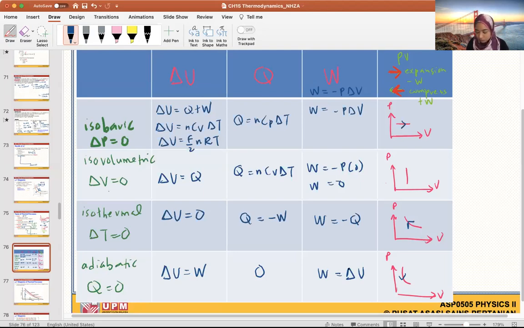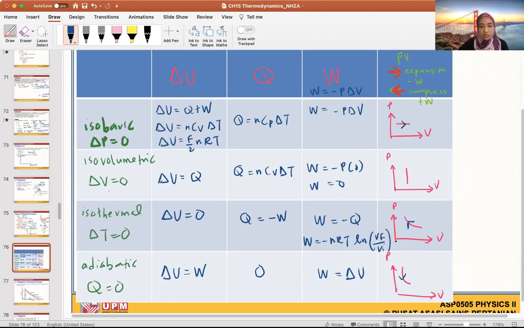Isothermal, nRT. Okay, so there's another equation that we have not learned yet, which is for work done for an isothermal, which is nRT natural log of V final over V initial. We will learn that later.